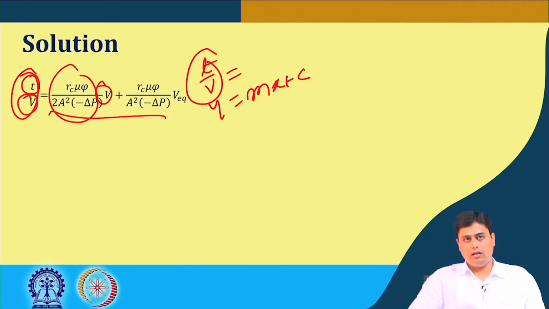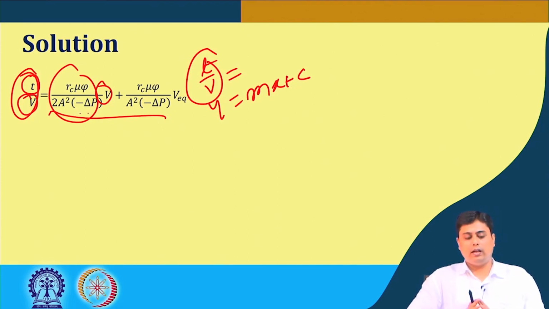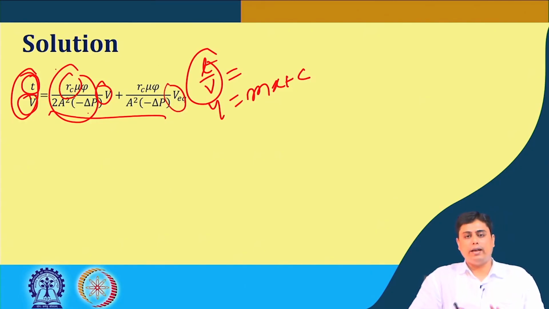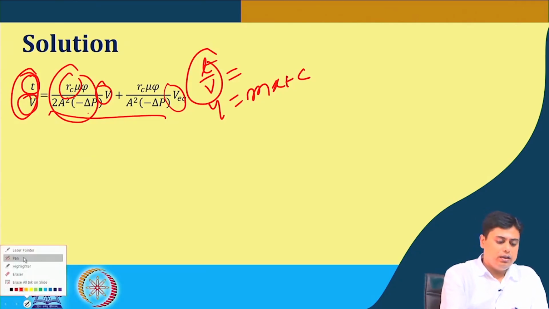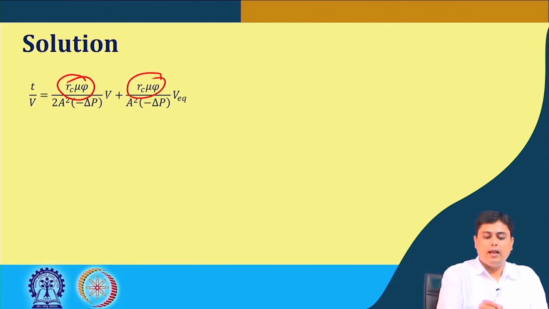So Rc is constant, fluid properties are not changing, and the cross sectional area A and delta P are given already. We have to find these two terms, since they are not explicitly mentioned: Rc mu phi, which is common in both parameters.